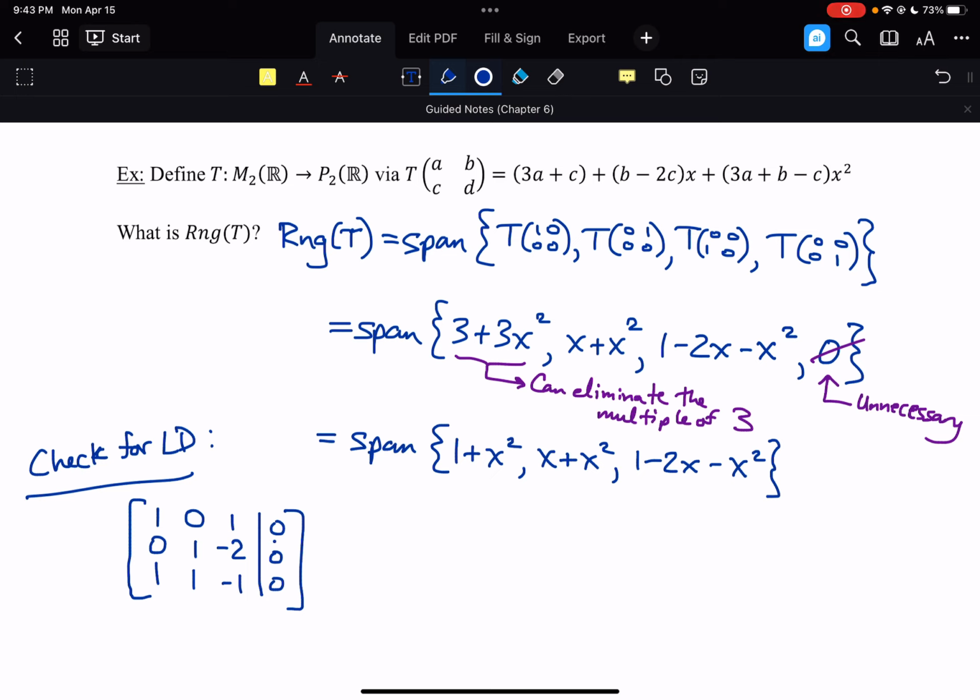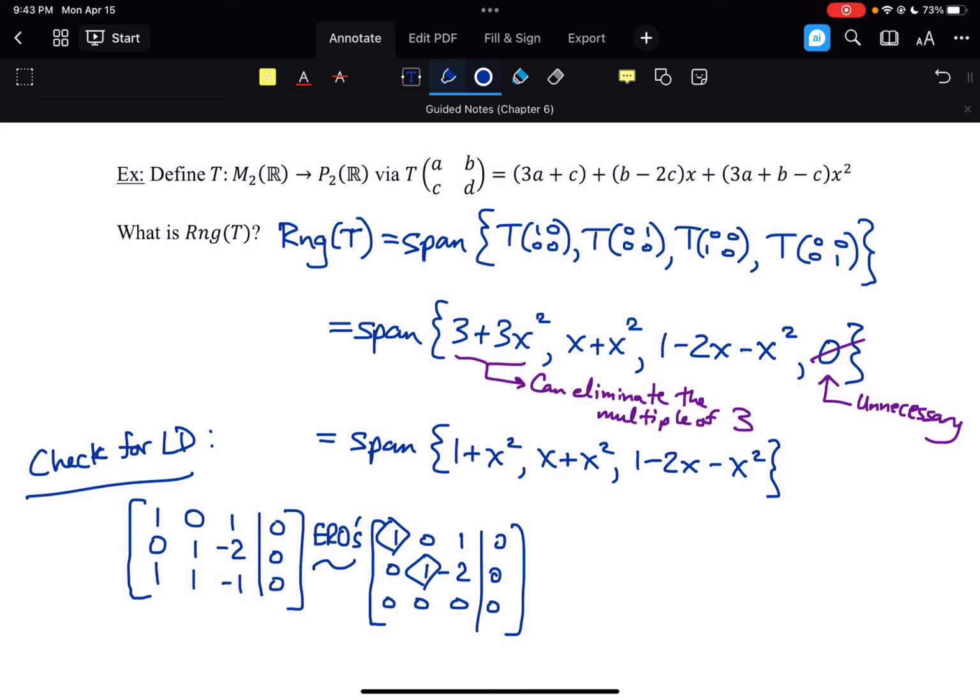And when checking for LD, you set those all equal to 0. If we perform EROs on this, it worked out pretty nice. The first and second rows basically eliminate the third. So we get 1, 0, 1, 0, 1, negative 2, and then a row of all zeros down at the bottom.